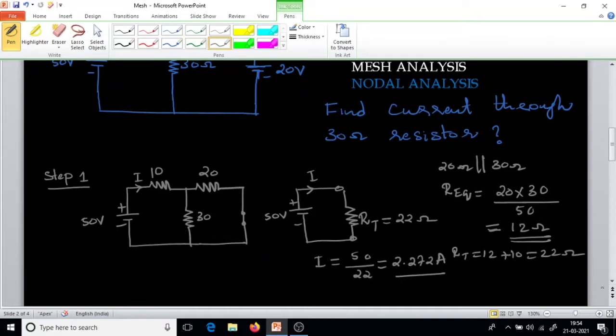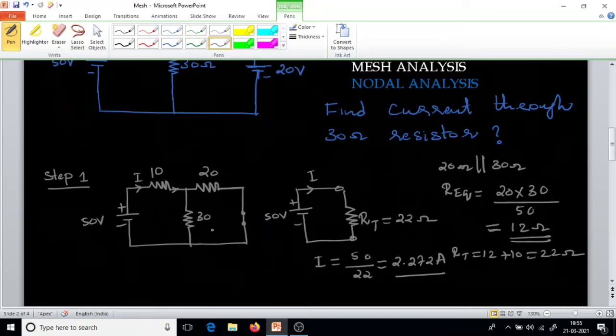Now we got the current. Now we have to find the current flowing through this 30 ohm resistor. The current here is I, that is 2.272 amps.